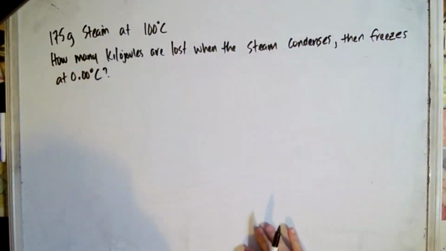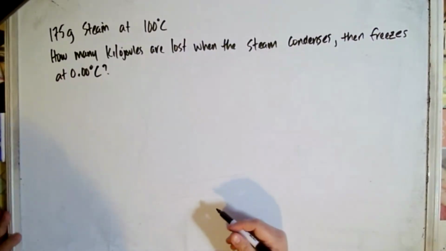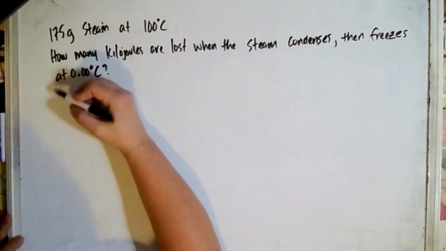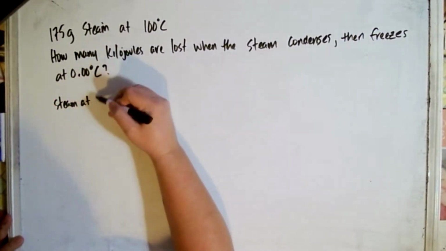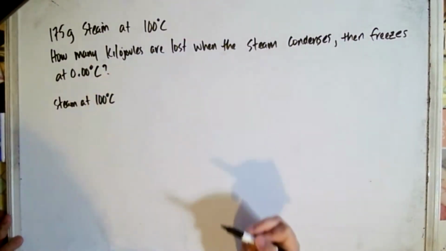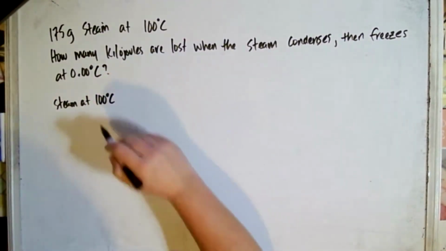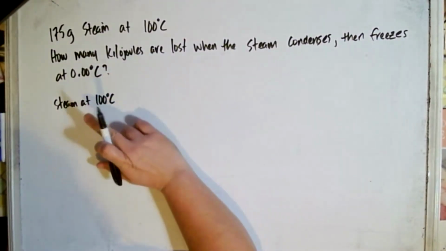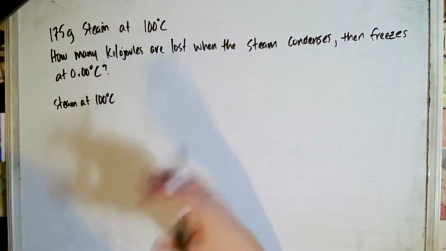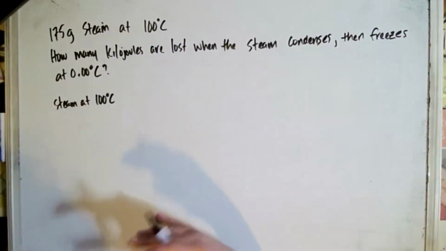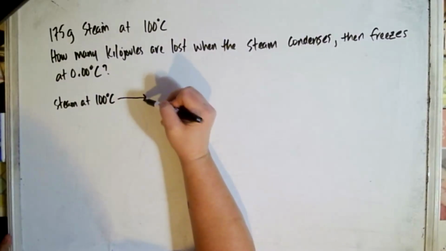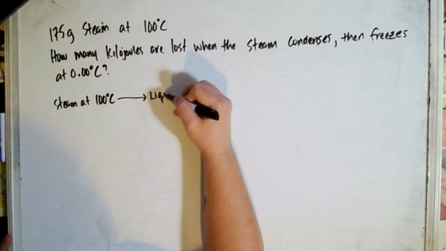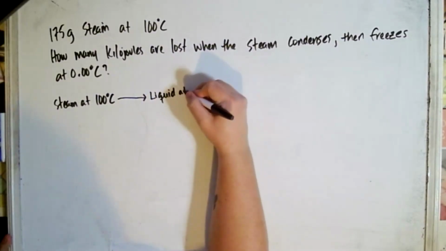And it's going to be really helpful for you in a question like this one to track what's happening here. They're telling us that we've got steam at 100 degrees Celsius. If I'm removing heat from it, if I'm cooling it down, the first thing that it's going to do is condense and turn into liquid at 100 degrees Celsius.